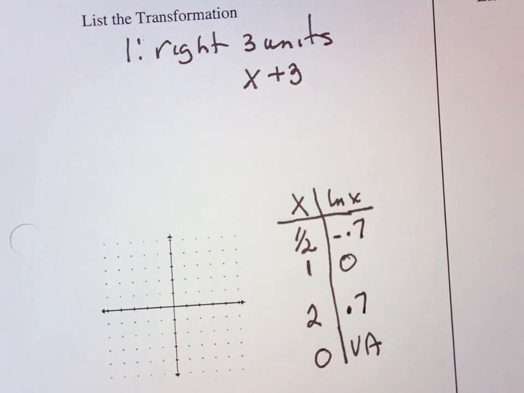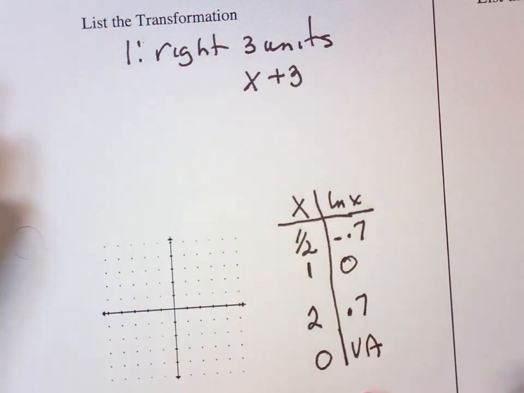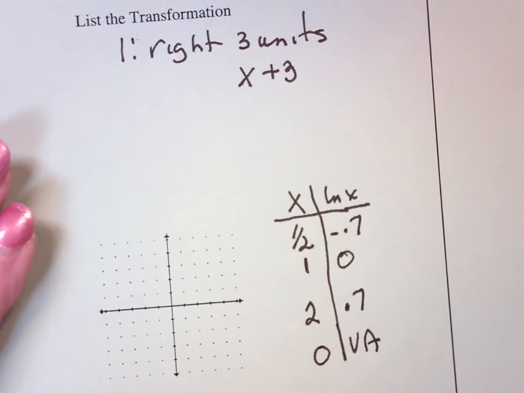Take 1 is where the natural log crosses, any logarithm by the way, any basic logarithm crosses the x-axis at 1. So take 1 and then you'll take a point to the left of 1, a point to the right of 1, you get the bend in the graph, just like you do with the exponential. And with the VA, then you can easily get the graph put into place.